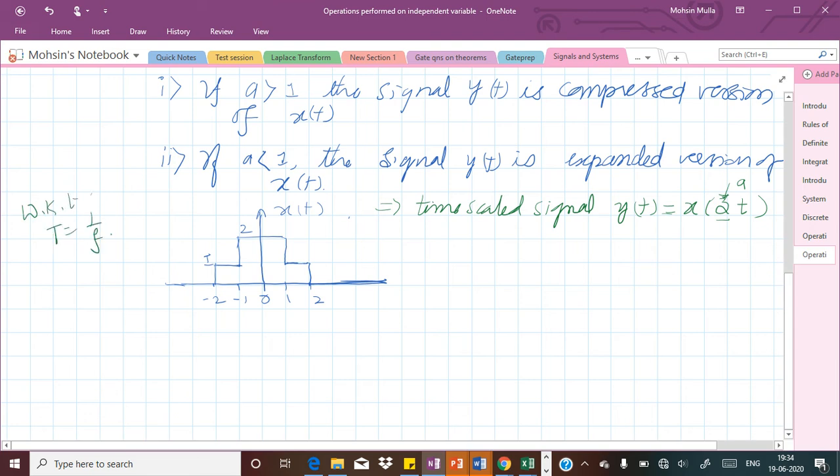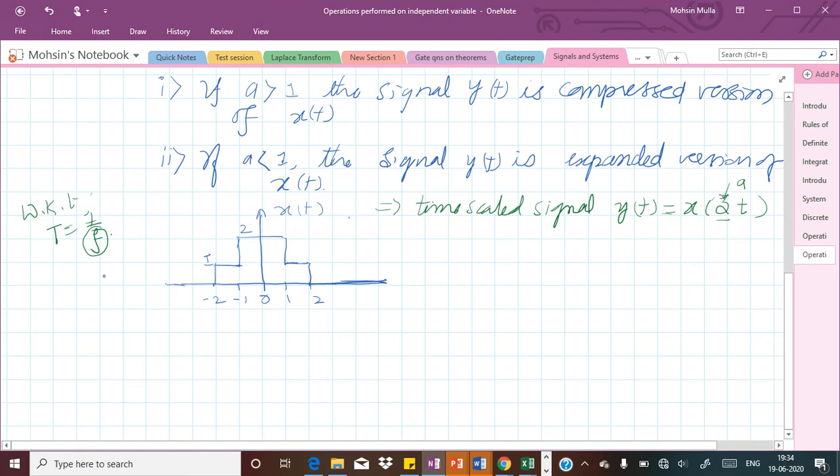So whatever a term is there will be in the denominator of the time value. Whatever new scalar factor comes will always go in the denominator.